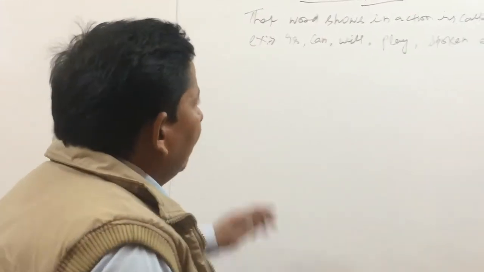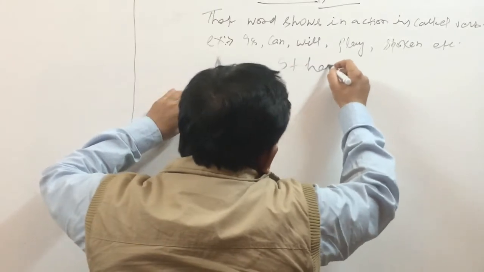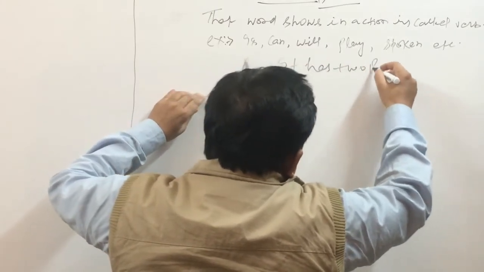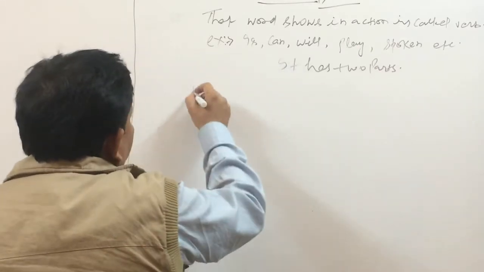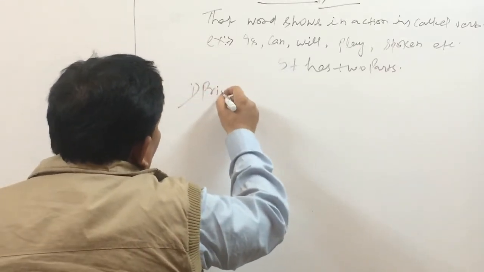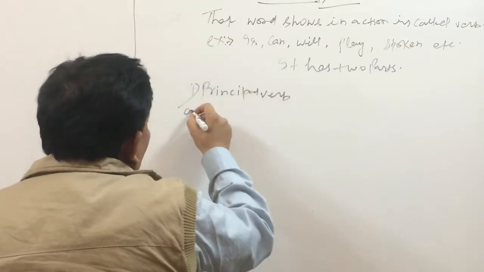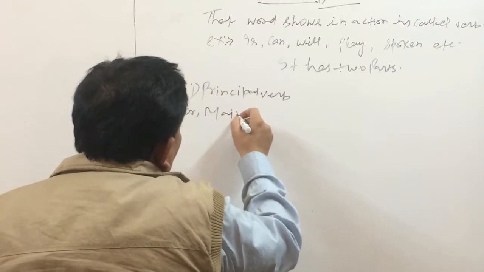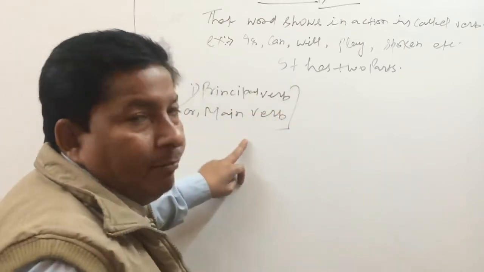Okay, similarly, look at here. How many parts? It has two parts. इसके दो parts होते हैं. Somebody says principal verb, somebody says main verb. But when I teach you, I will say the main verb.